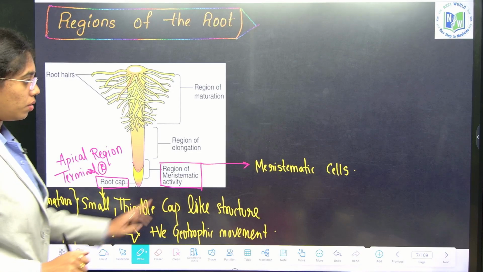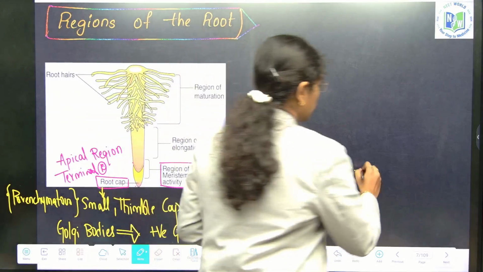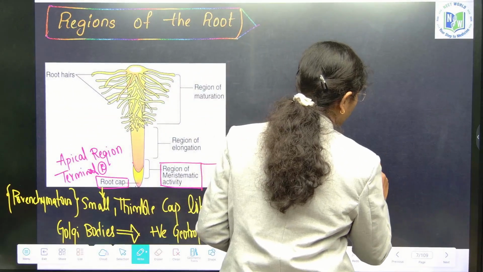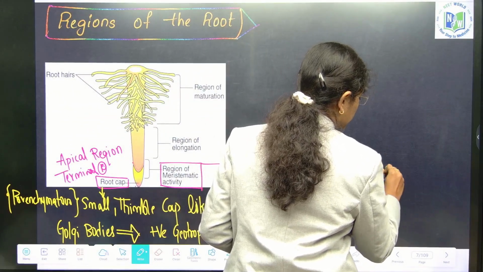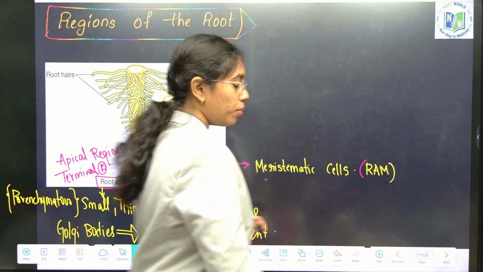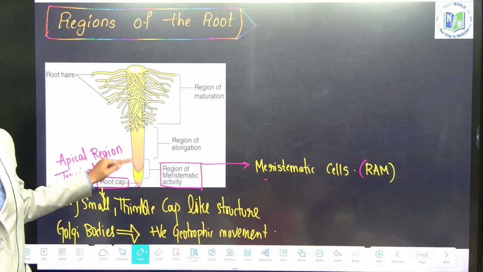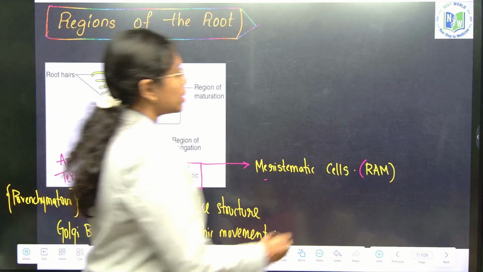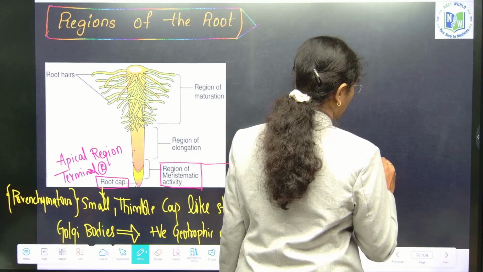The meristematic region, which has meristematic cells, is addressed as root apical meristem. This is in the subapical or subterminal region, because this is proximal to the root cap.